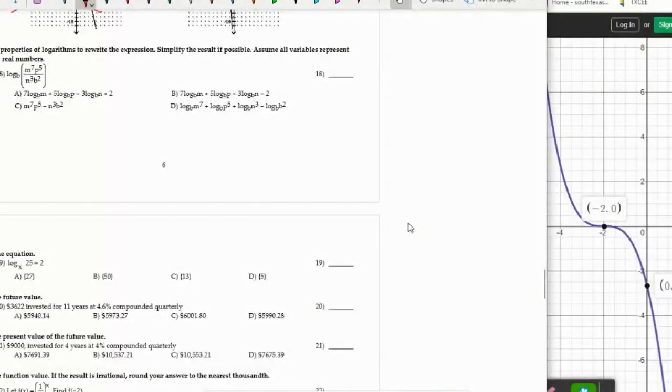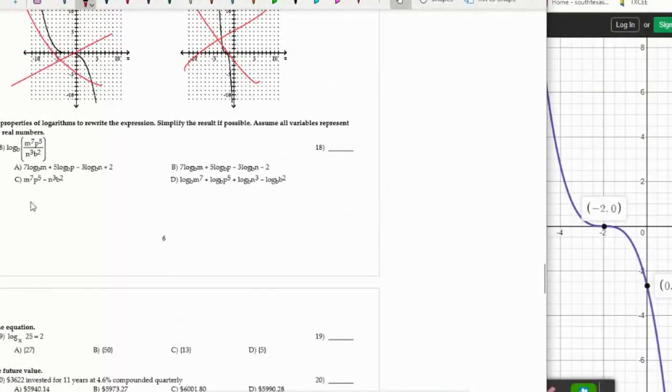Process of elimination. All right, so this is kind of like what we were doing this past week. So we break these up. Notice these two are being multiplied, so that means we would break those up into an addition problem.